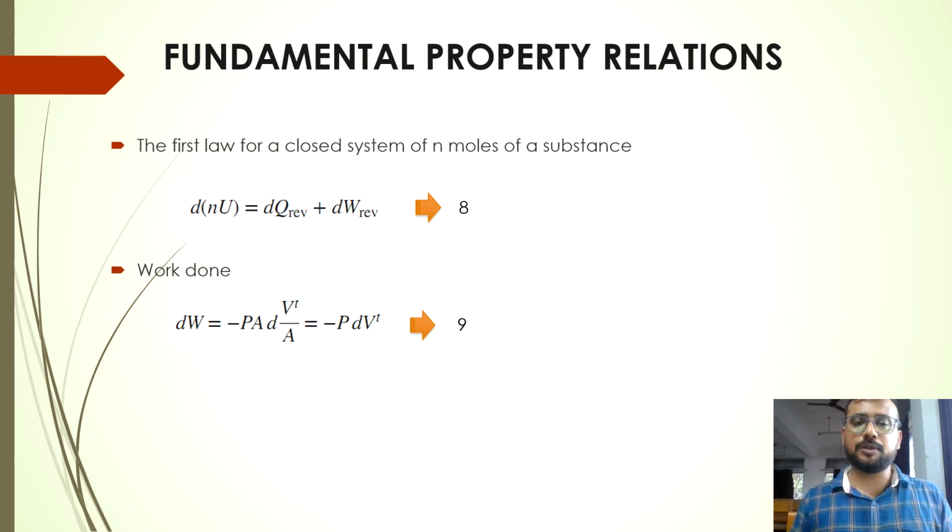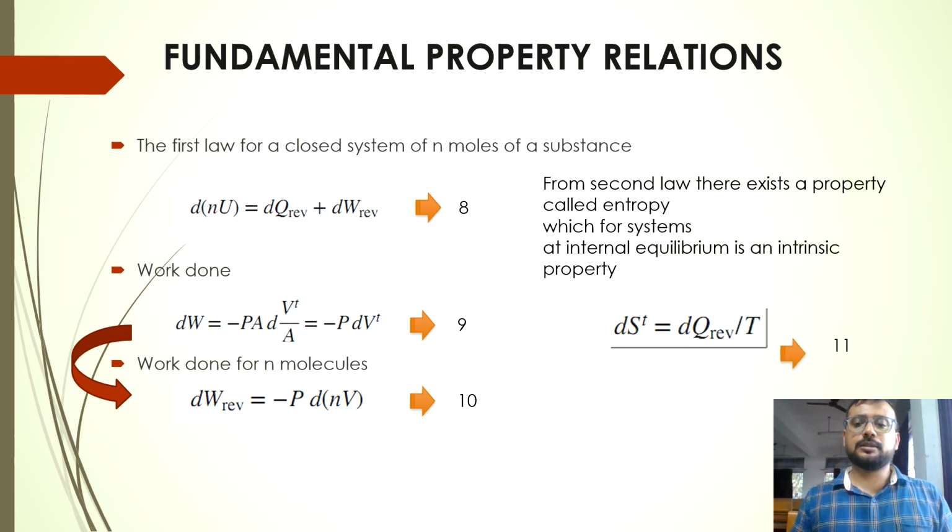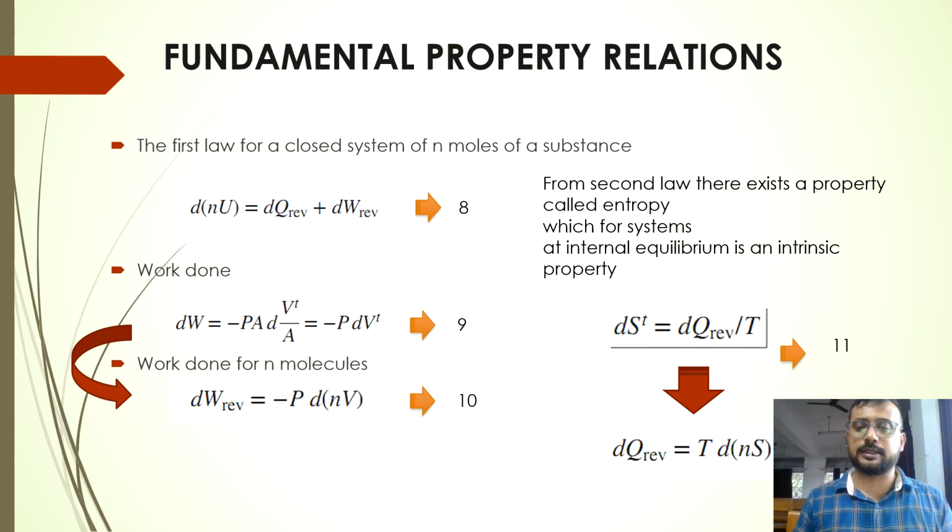If we put the value of dW into equation number 8, then for n moles, dW equals minus P d(nV). And from the second law of thermodynamics, there exists a property called entropy, which for systems at internal equilibrium is an intrinsic property, that is d(nS) equals dQ reversible by T, and dQ reversible is equal to T d(nS).